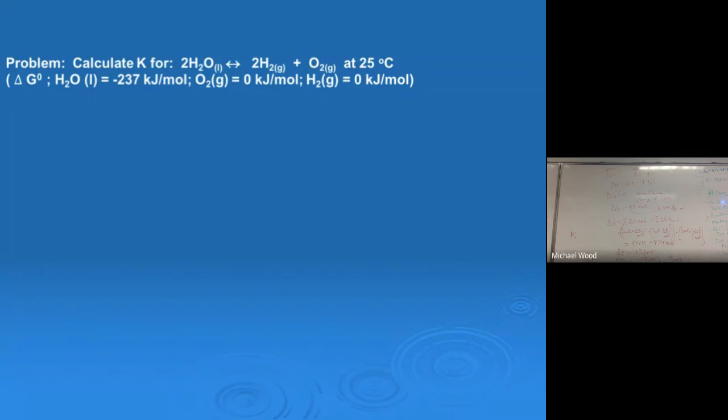And my sig figs are kind of hard here, so I guess there's negative 237, so I'll go 3 sig figs. So what I get is 8.17 times 10 to the negative 84.